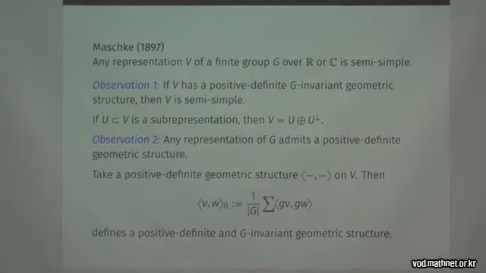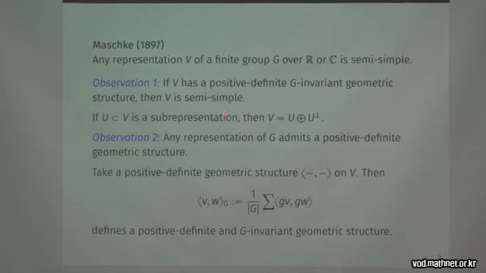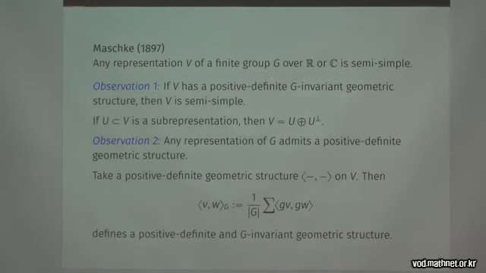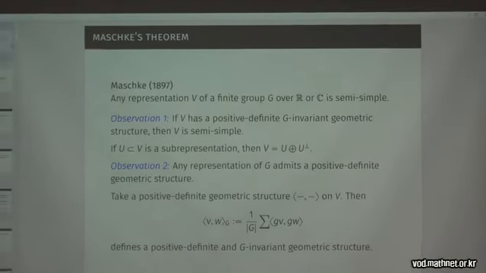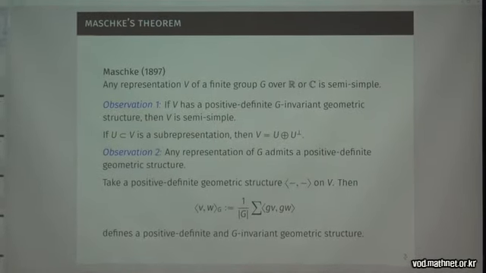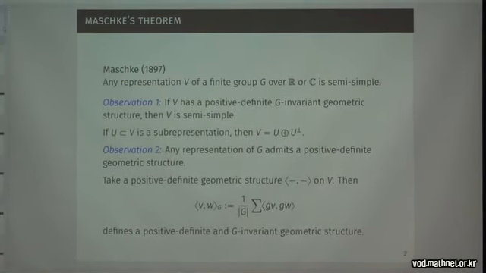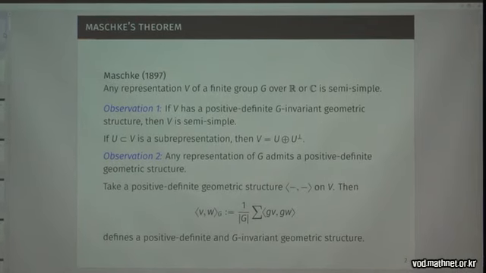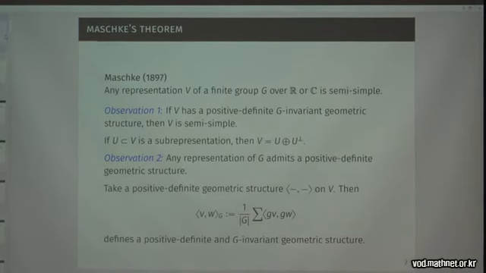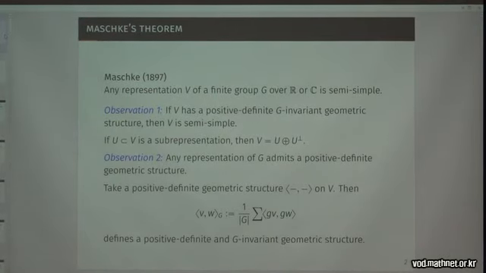You prove this theorem by introducing extra structure, namely this positive definite geometric structure. If I have a real representation and it has a symmetric invariant form, then given any sub-representation I can split off a complement. So you introduce extra structure in order to show that something is semi-simple. It's a very important principle.